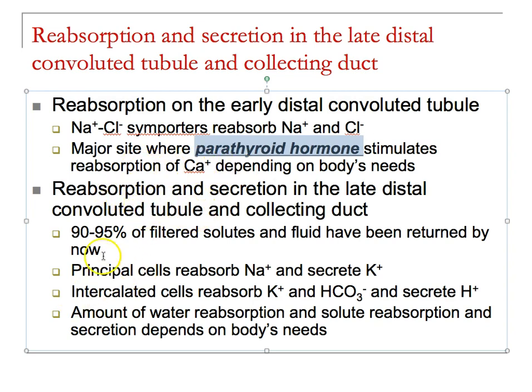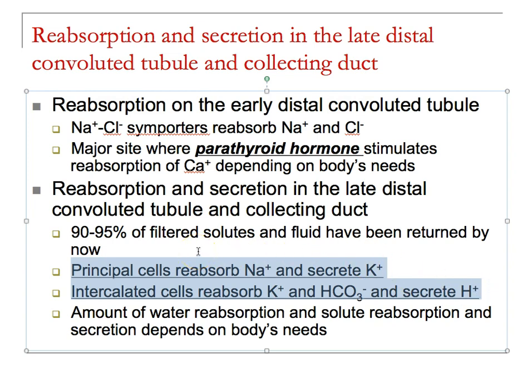And remember I told you about the principal cells and the intercalated cells. I'm just going to underline this because if I make it bold, it's going to blow off the page. Principal cells reabsorb sodium and they secrete potassium. Intercalated cells reabsorb potassium and bicarbonate so that you can secrete hydrogen protons. That's what we mean by regulating pH inside the body.